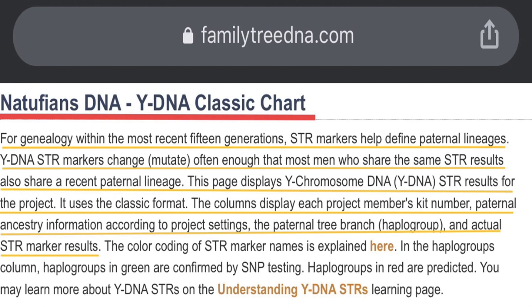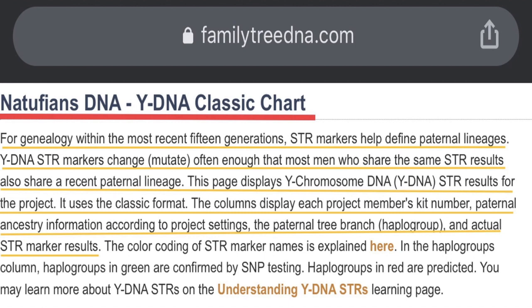So you can also check out FamilyTreeDNA.com, specifically titled Natufian DNA Y DNA Classic Chart. And basically what this will illustrate, I'll read. For genealogy within the most recent 15 generations, STR markers help define paternal lineages. Y-DNA STR markers change, mutate, often enough that most men who share the same STR results also share a recent paternal lineage.